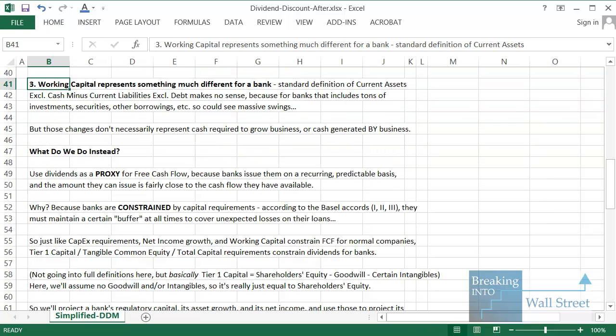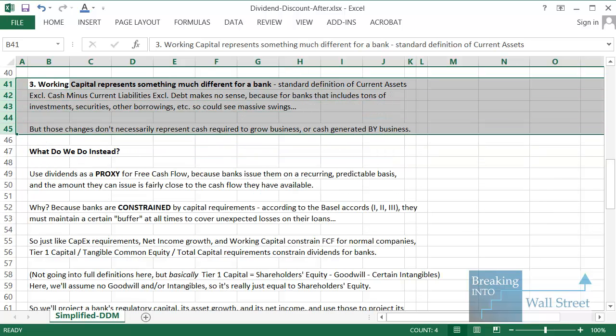And then the third reason here is that working capital represents something very different for a bank. So when you subtract the increase in working capital or the change in working capital, whatever you want to call it, in a traditional DCF analysis, that works because current assets except cash and current liabilities except debt, that does roughly correspond to the cash needs of a business, how much cash it's going to cost to grow, or perhaps how much cash it's going to throw off and generate as it grows.